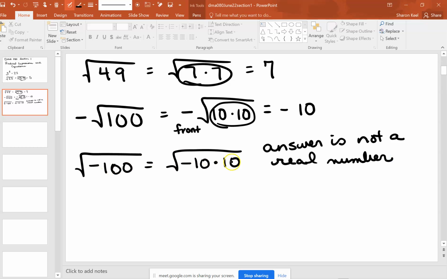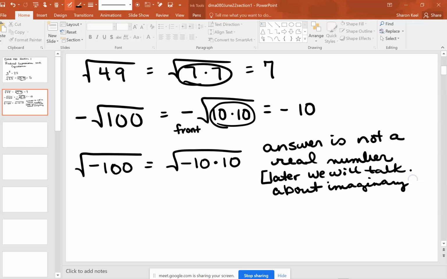Eventually, we will talk about how we can simplify this, and later on, we're going to use something called imaginary numbers to represent a solution. So let me just put a note here. I'm going to say later we will talk about imaginary numbers. For all purposes now, in this first couple of sections, if you're asked to give an answer, then you'll just say the answer is not a real number, and that's going to be the end of it.